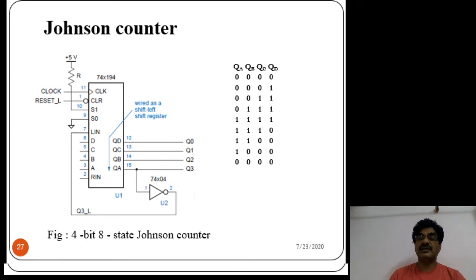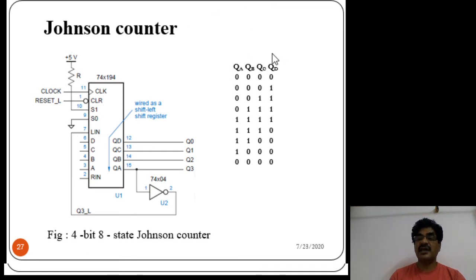Because with reference to the initial state, QA is 0, and it is connected through a NOT gate to the LN. For the next clock pulse, left shifting happens: the QB, QC, QD bits move toward the left hand side, and the LSB position, that is the QD position, is occupied by the LN bit. At the LN, the data is logic 1, which is the complement of QA.